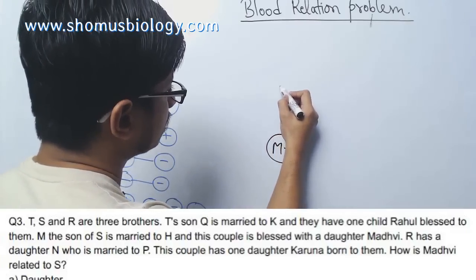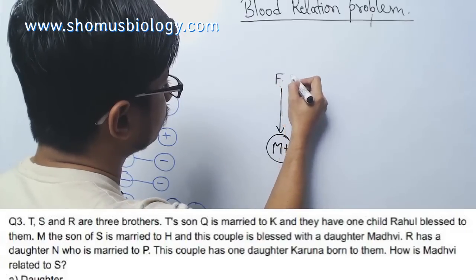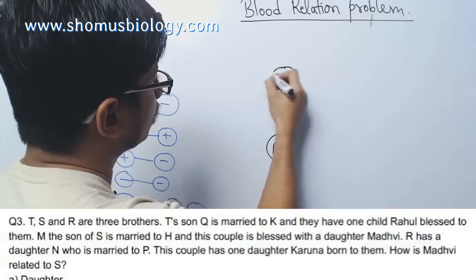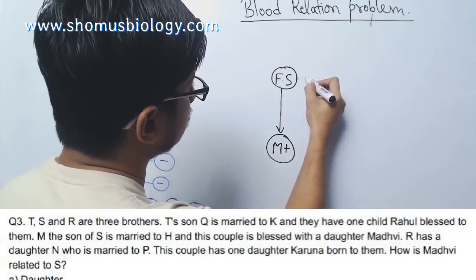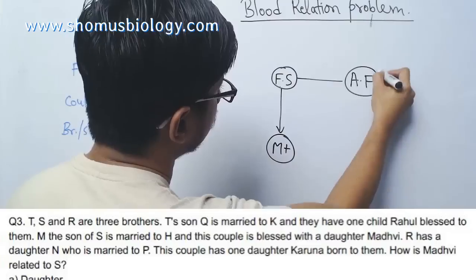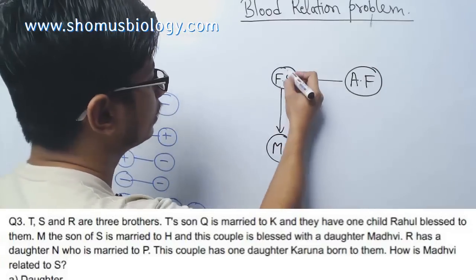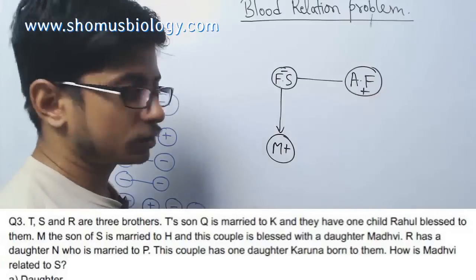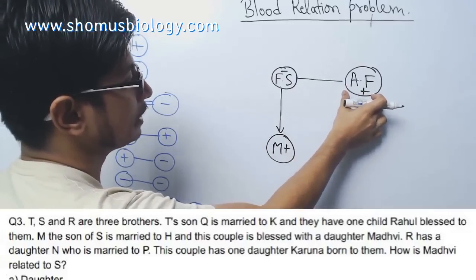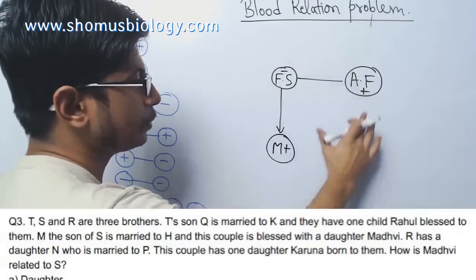So this is Mohan, the son of this father's sister, and this sister's brother is Arun's father, right? That is the idea. So Mohan is the son of Arun's father's sister. We represent it with this link.